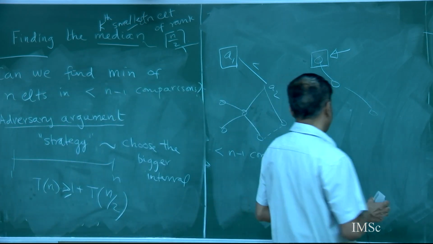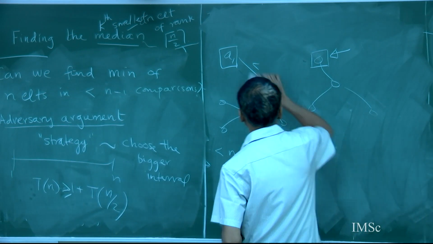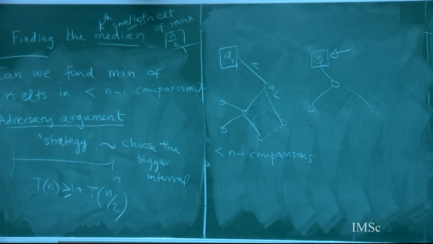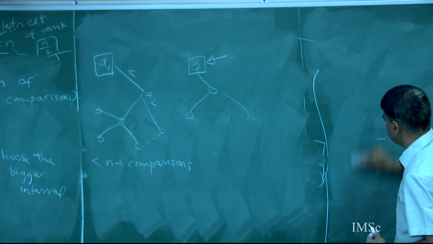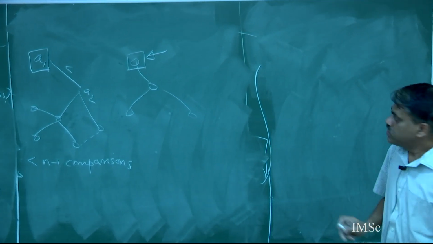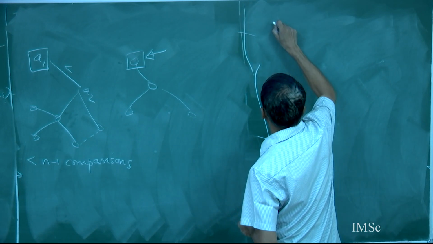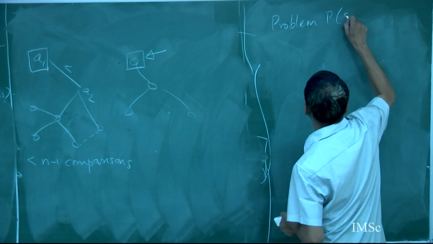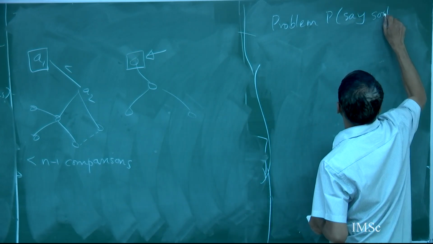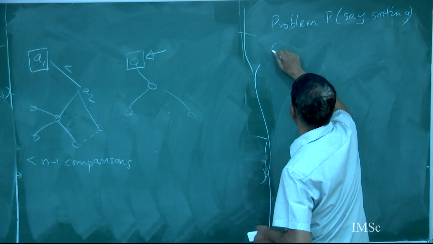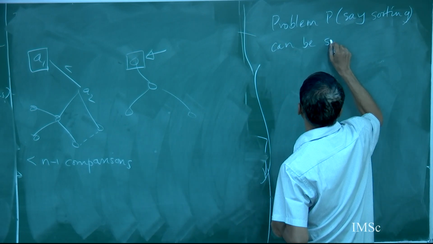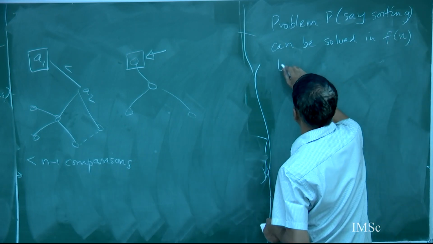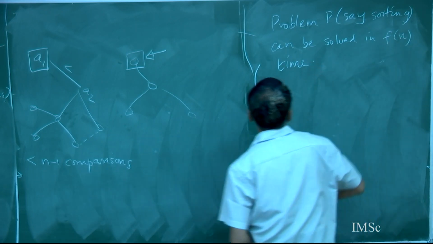So take problem P. For example, think of sorting, which can be solved in f of n time. What does this mean?